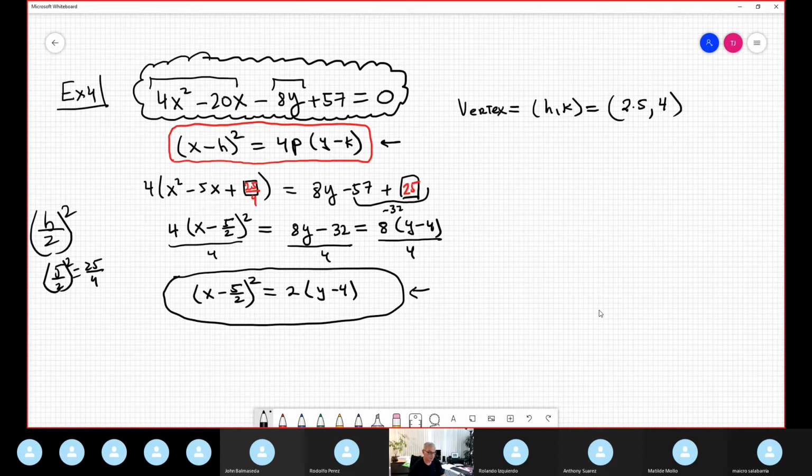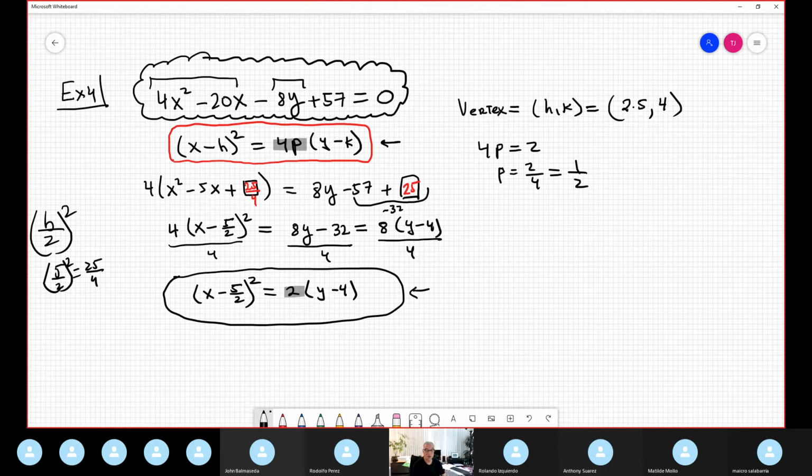Nice. And the focus, well, P. What about P? What is the value for P in this example? Look, you determine for P: 4P is equal to 2, therefore P is 2 over 4, that's 1/2. Okay, good. In this parabola, I forgot the most important part.